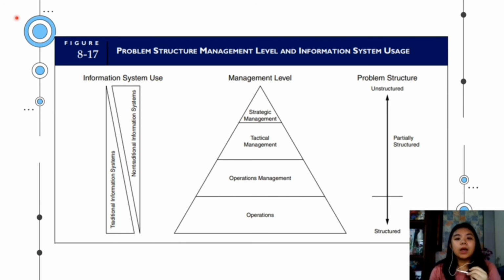Halimbawa, nagkaroon ng financial problem. Hindi siya masosolve ng isang manual lang na meron tayo with the structured problem. So there are some sort of effect of this problem structure in creating the management reporting system. Kasi dapat we could have some sort of answers from the management reporting system, lalo na sa structured problem.